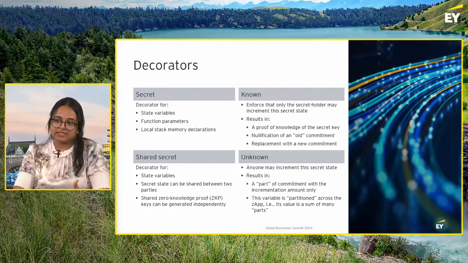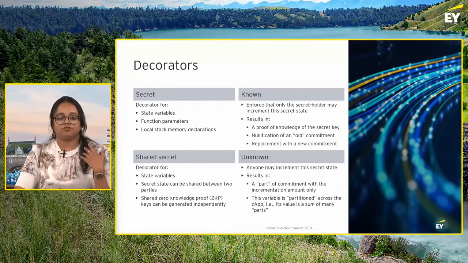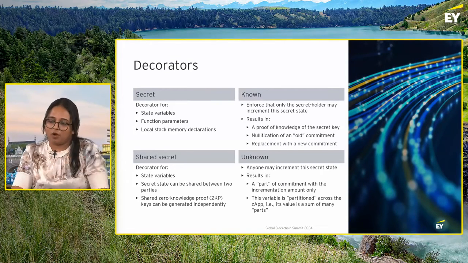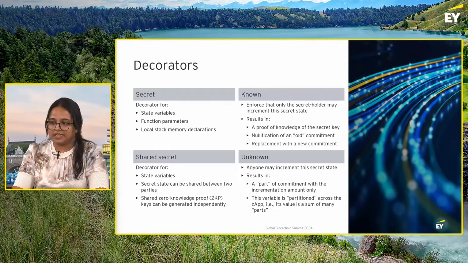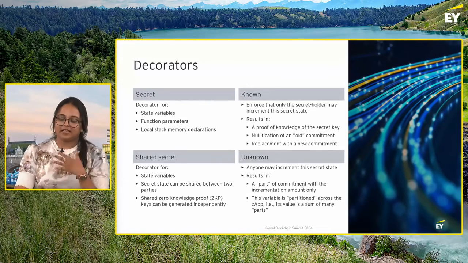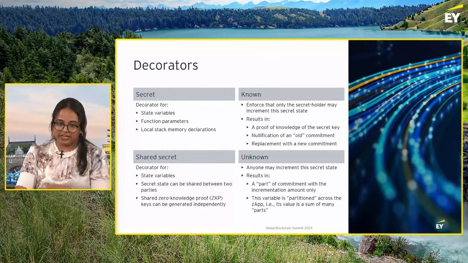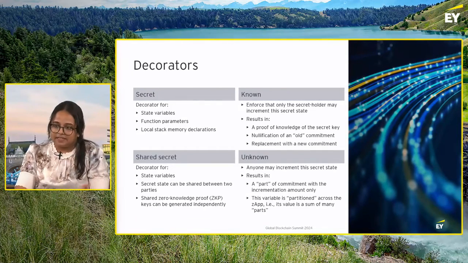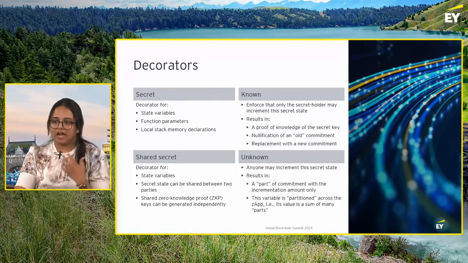So this can be very useful when you have to do something like swaps. Then you can share your state with the other party with whom you are interacting and doing the swap. And with a very nice API that Starlight has, you can generate the keys independently for your commitments, and both parties don't have to interact with each other to generate those keys.